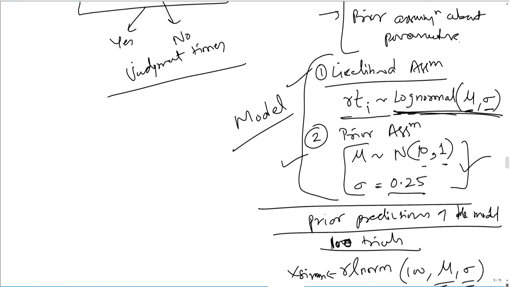If you decide this is your prior, all the prior predictive samples you would see would have judgment times in the range of 2000, 4000, 5000, up to 10,000 milliseconds.